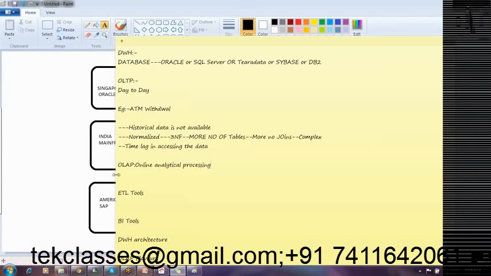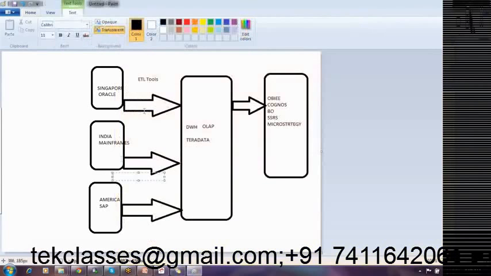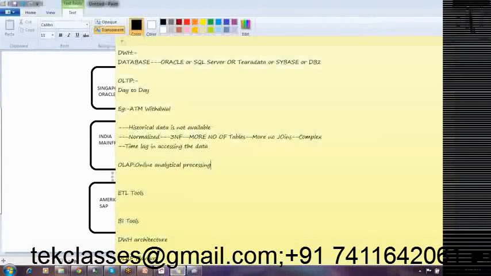You're going to integrate the data from different OLTP systems and then load the data into OLAP. This data will be analyzed, and by analyzing the data, they'll take some decisions: whether to continue the product, whether to discontinue the product, whether to promote the product, all those things. That's why an OLAP system is also called a DSS, which is nothing but the decision support system.